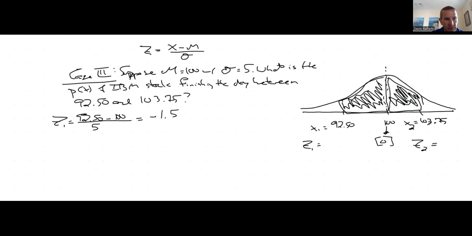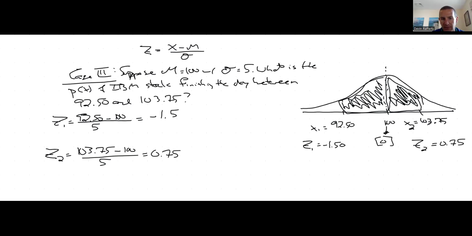And then z2 is going to be 103.75 minus 100, divided by 5, which is 0.75. So this is negative 1.50, and this is 0.75. Okay. Now we need to get the areas associated with them.